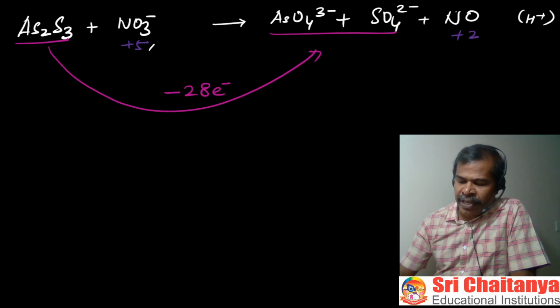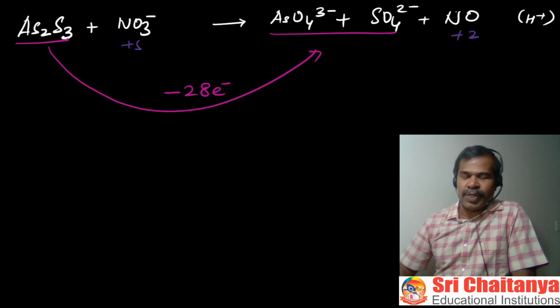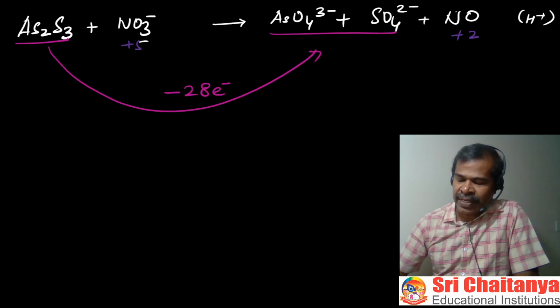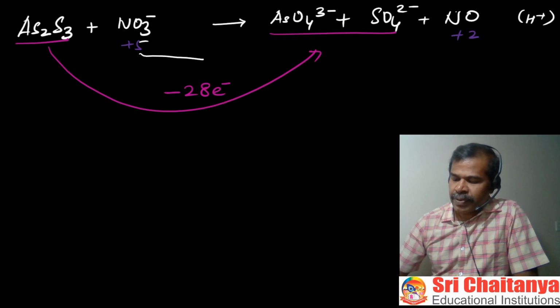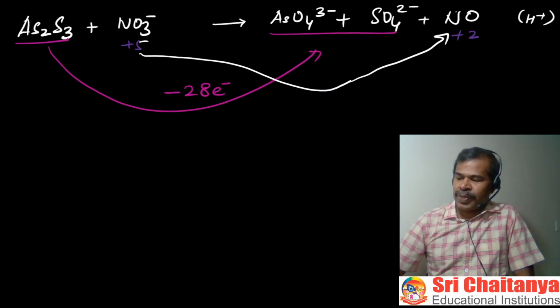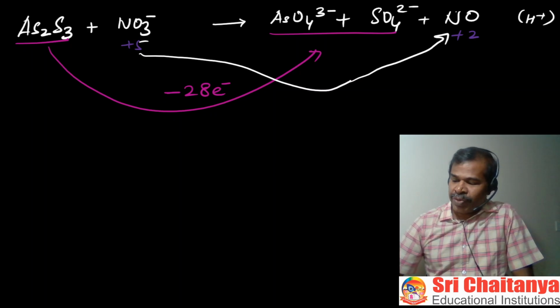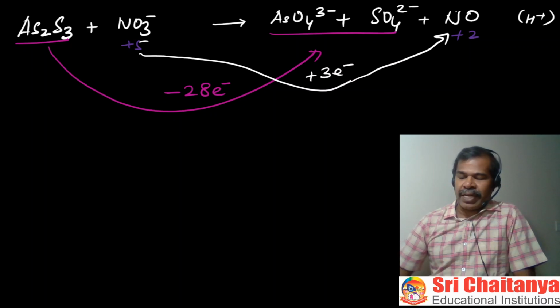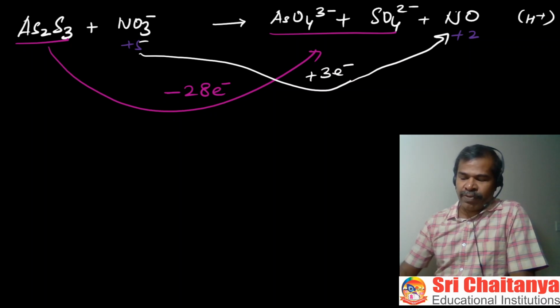There is no multiplication here because only one nitrogen is there. So the number of electrons transferred on going from this to NO is 3. So there is a gain of 3 electrons, and here the loss of 28 electrons.